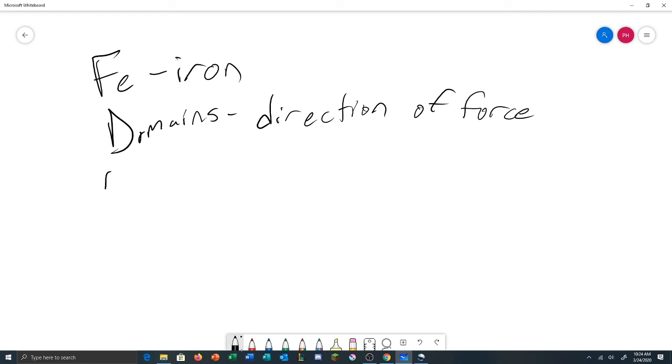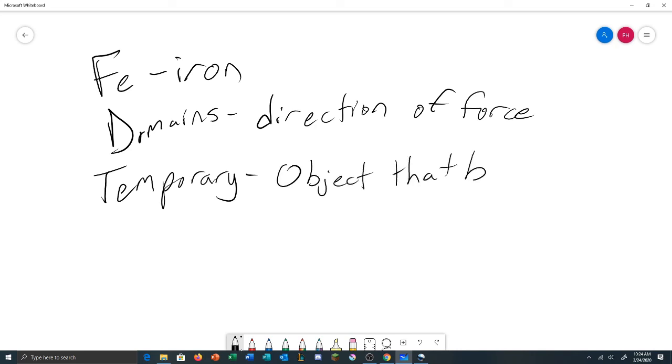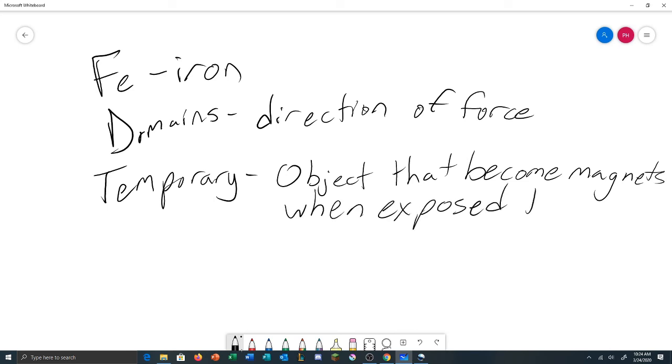You can have temporary magnets. Temporary magnets are pieces of iron or pieces of metal, I can't spell pieces, so we're just going to say objects that become magnets when exposed to other magnets.